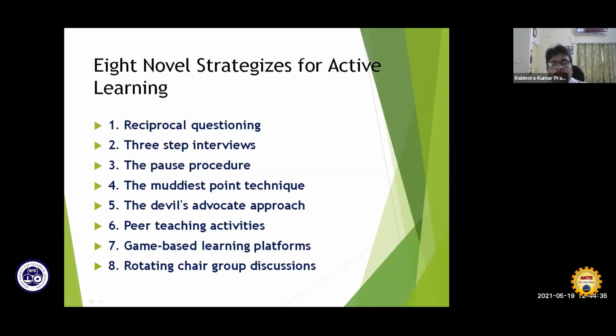While going through different academic portals, I came across eight novel strategies for active learning. We call it reciprocal learning. I would like to share this one.